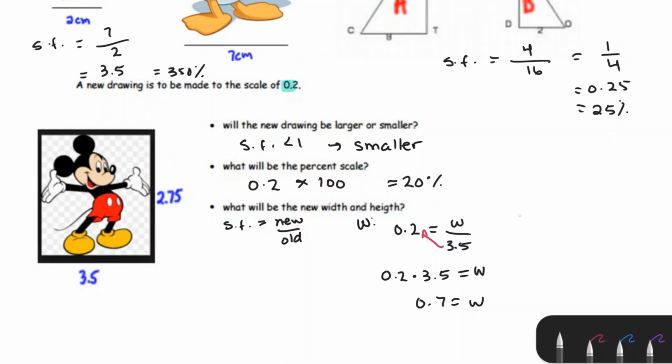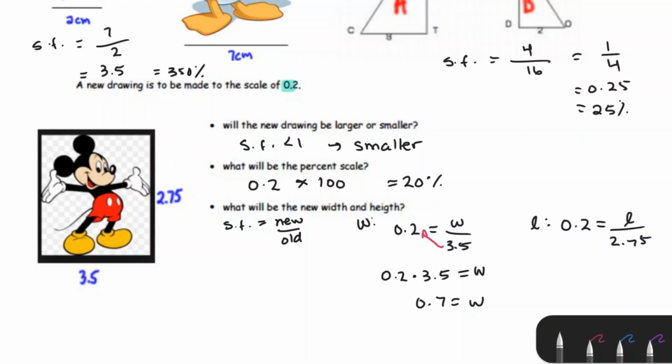Let's find my length now. Same idea, 0.2 is still the same scale factor. I'm always scaling all dimensions by the same amount, or else it's not scaled. I don't know my new length, but I do know my old length. I do know it was 2.75.